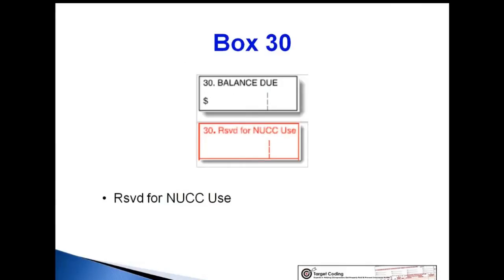30, we have a change here. The old form said balance due. The new form, reserved for NUCC use. So leave 30 blank. 31, doctor's name, add the DC at the end, or you could put signature on file. Whatever you've been using, like if you've been using your name, I'm saying signature on file could pass.